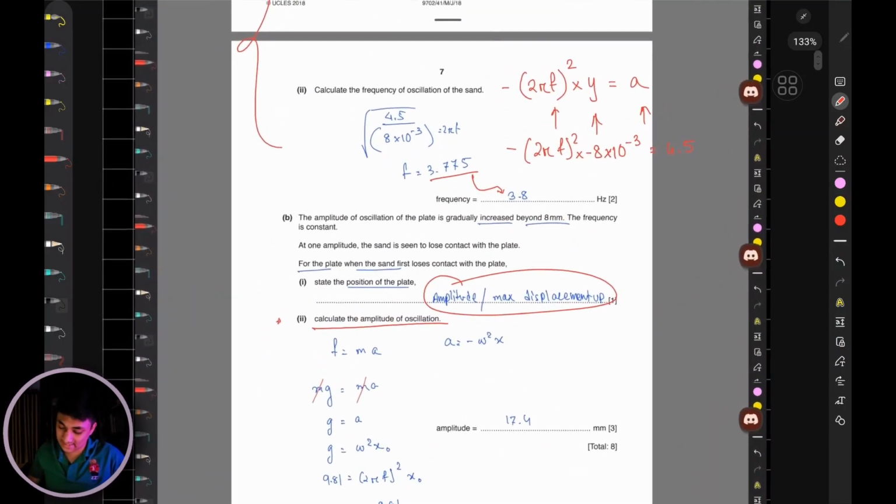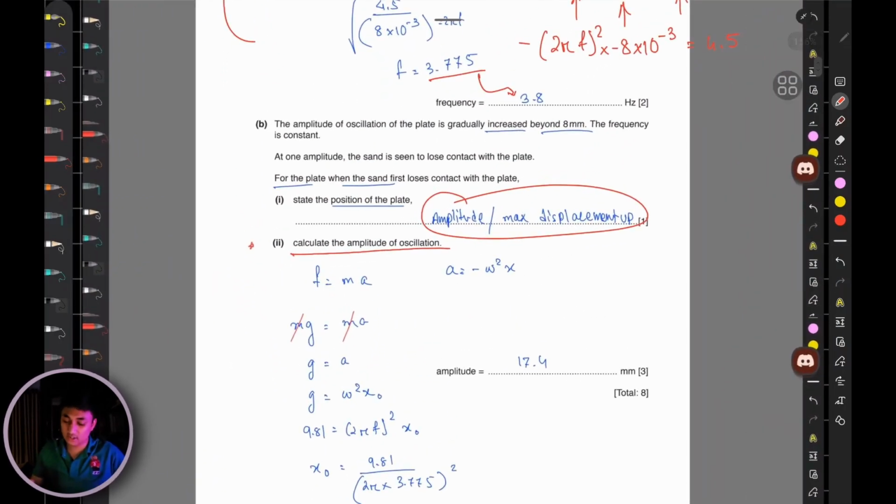Therefore, I can say the force on the sand is mg, that is the weight of the sand particles, and it is going to be equal to ma, mass times acceleration. What this means is, when the net force on the sand particle is only its weight, only in that position will the plate lose contact with the sand particles. Therefore, I can say mg is equal to mass times acceleration.